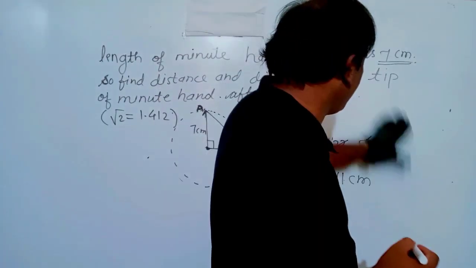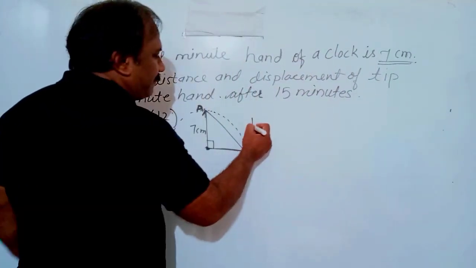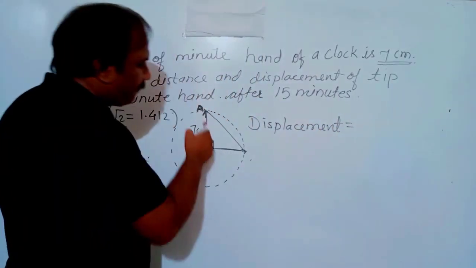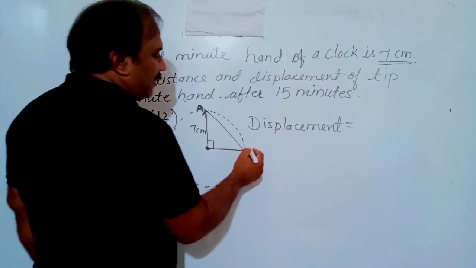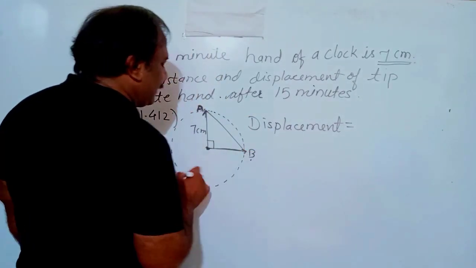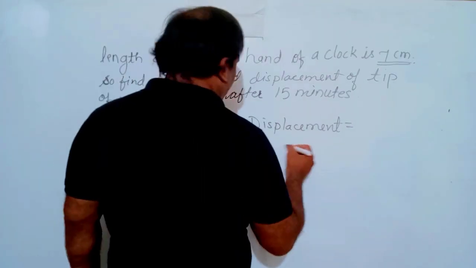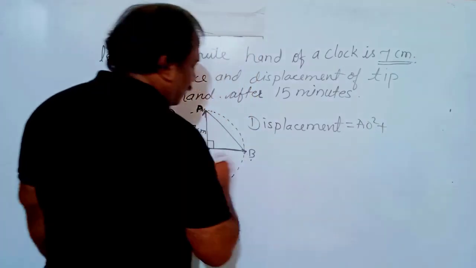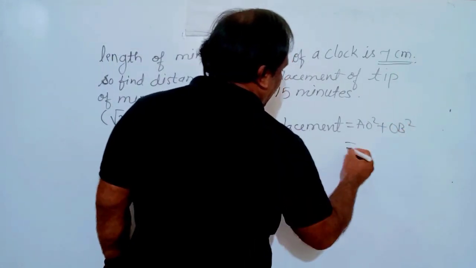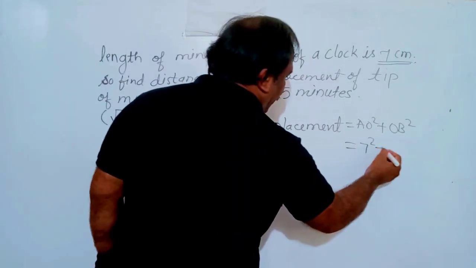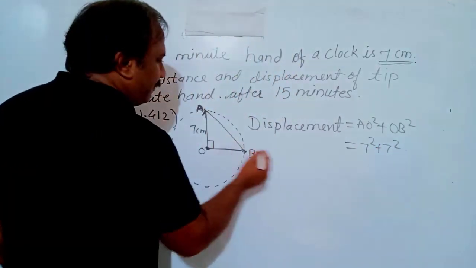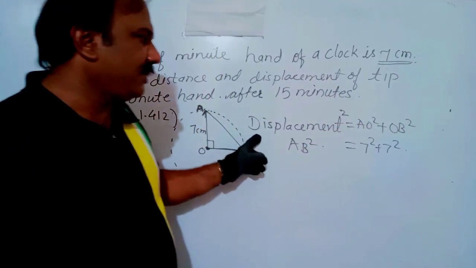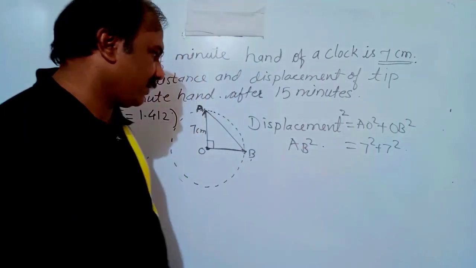So displacement is equal to, this is B point, consider, and this is O. So displacement square is AO square plus OB square, means 7 square plus 7 square. What is displacement? AB square.